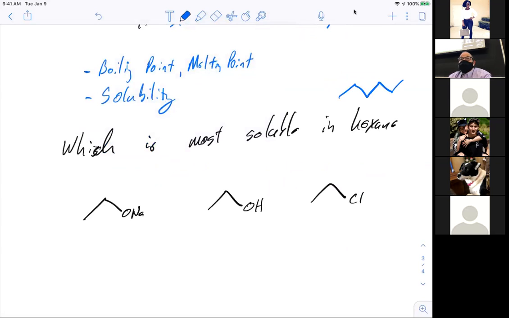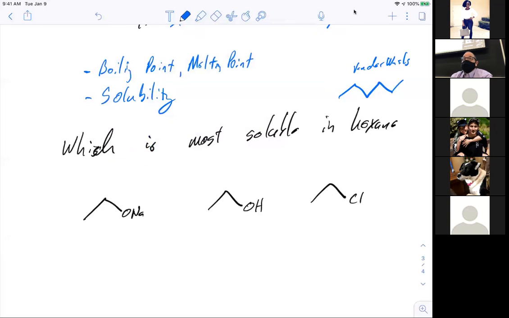And what are the intermolecular forces for hexane? Does it have an ion? No, so it's not ionic. Does it have a hydrogen bonding atom? No, it's got hydrogens, but no hydrogen bonding atoms. Does it have a heteroatom that would cause a dipole? No, it's all carbons and hydrogens. So this one is going to be van der Waals.